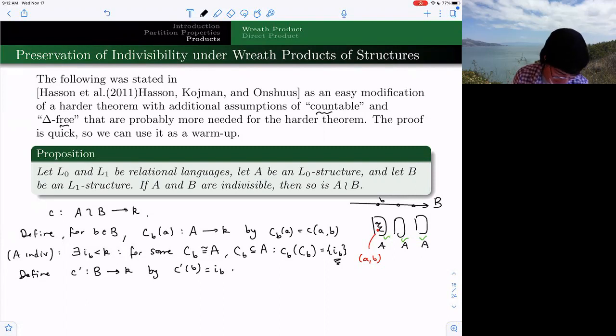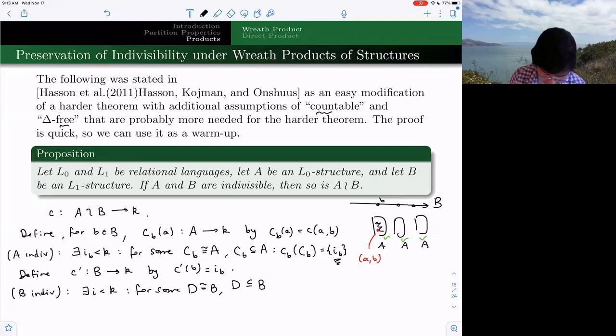Okay, so now we can reach into the fact that B is indivisible. So there is a color for this coloring, for some copy of B in B, that we're just going to be hitting that one color.